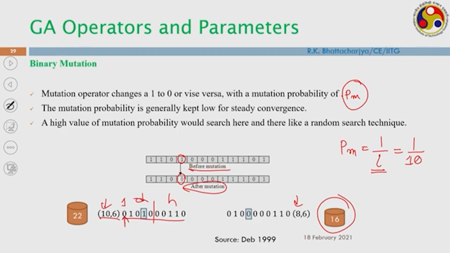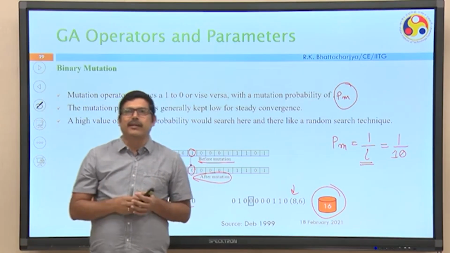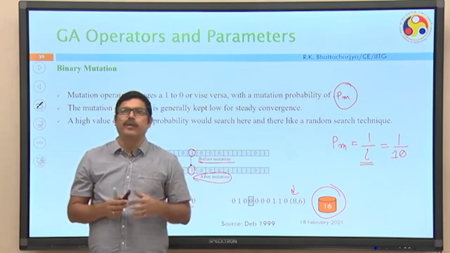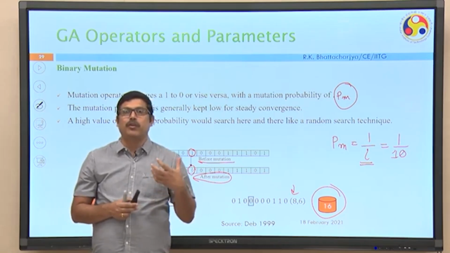So, generally we are taking very low mutation probability, and if I take 1 by 10 in this case, what does it mean? It means that out of 10 bits 1 will be mutated. So, I do not want more than 1 bit or something like that. So, the idea is that out of 10 bits, 1 will be mutated. So, you have to use mutation, but in a controlled manner.